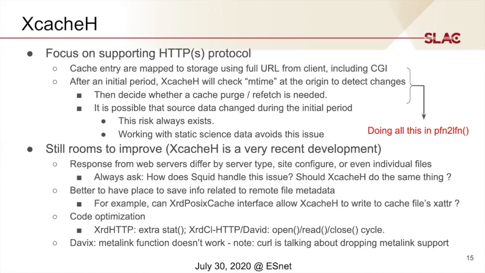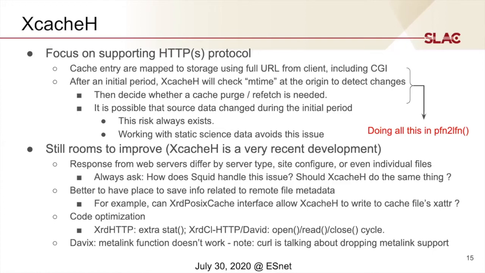But the mitigation is that if we deal with static science data, we most likely will be able to avoid this. Xcache H is still a very recent development, and there's still a lot of room to improve. I won't go into that detail, but we're still learning from Xrootd and still improving, and there is a working prototype.